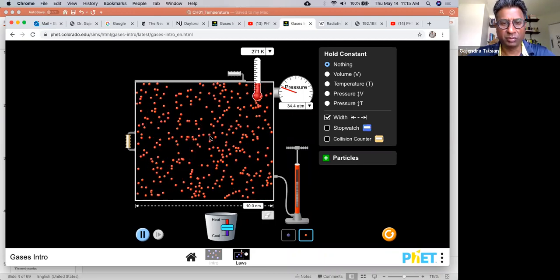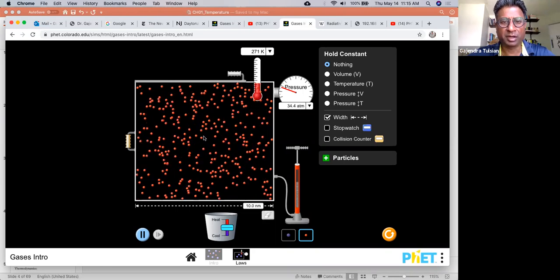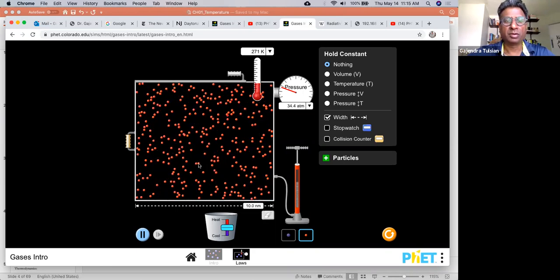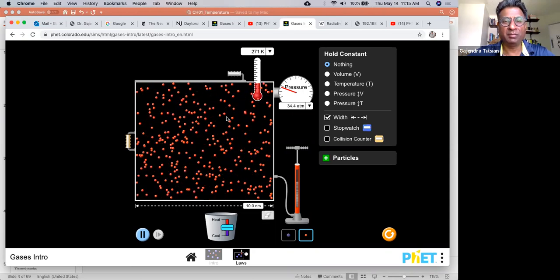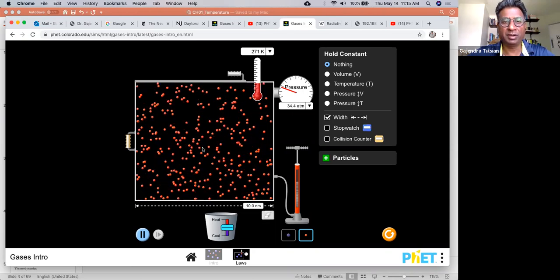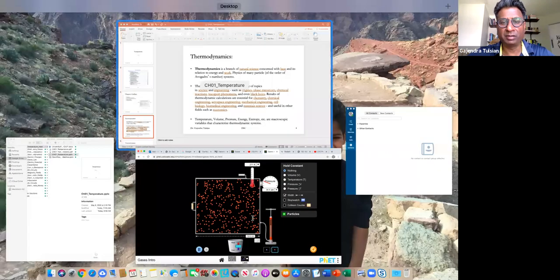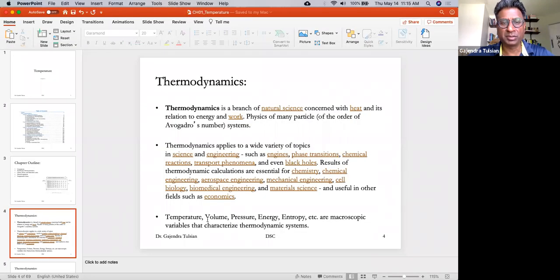But of course, we don't want to do that. You don't want to keep track of a trillion particles. So the average behavior of this system can be described with a very few number of variables: temperature, volume, pressure, energy, entropy, and so on. A handful of macroscopic variables.